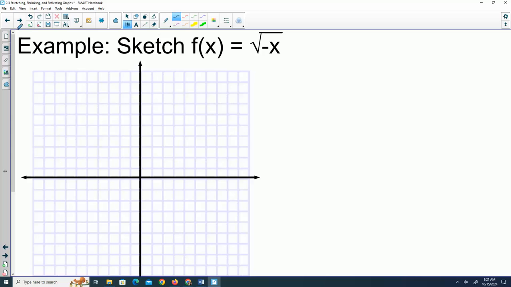Okay, what's the parent function look like? Except it's a square root, not a cube root. So can we have the negatives? No, it's just like the positive half of that. So the square root of 0 is 0. Square root of 1 is 1. Square root of 4 is 2. If you want another point, you could do 9, 3.